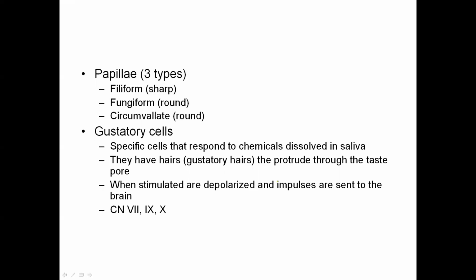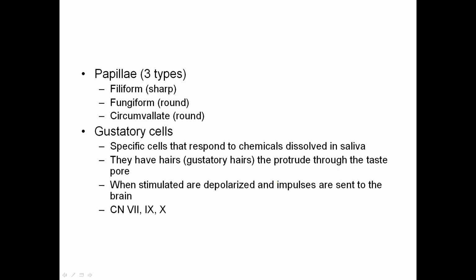Okay. The nerves themselves are called gustatory cells. These are the cells that are responsible for the chemicals that are released when dissolved in saliva. Okay. So these gustatory hairs, which are intimately connected with these gustatory cells, okay, so they're all right there. They're all very tiny, basically microscopic in size, right?